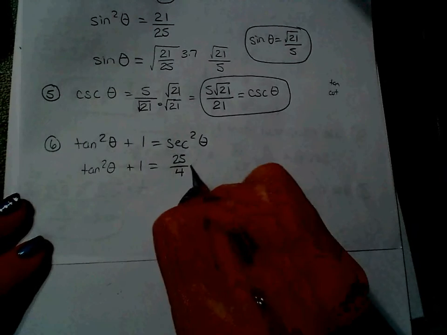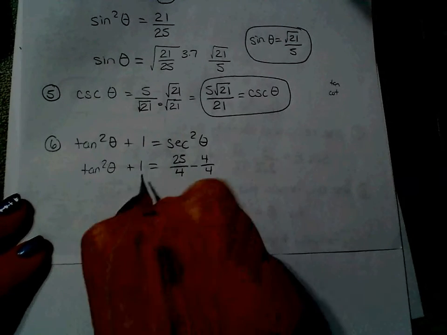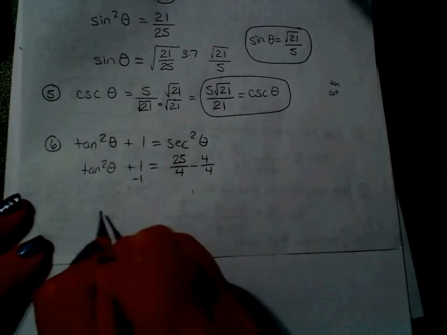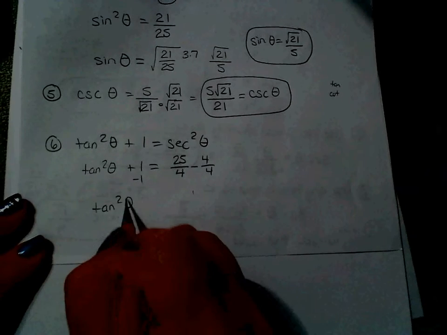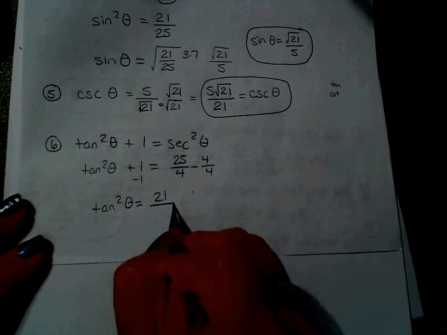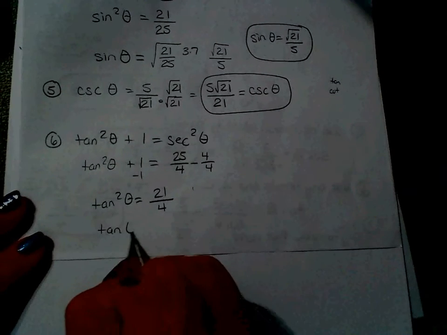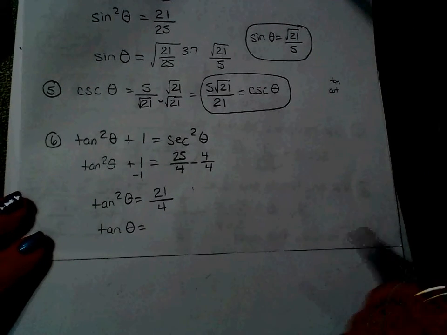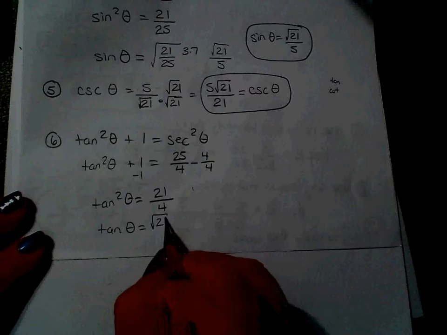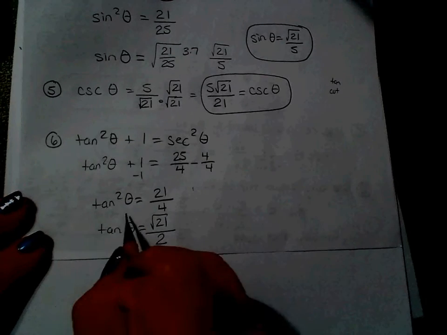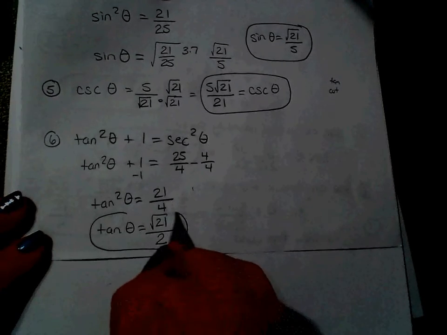I'm going to move the 1 to the other side, and when I do, it's really 4/4. I'm going to get tangent squared theta equals 21/4. I take the square root of the top and the bottom, and remember this time I only need the positive one, so the square root of 21 over 2.